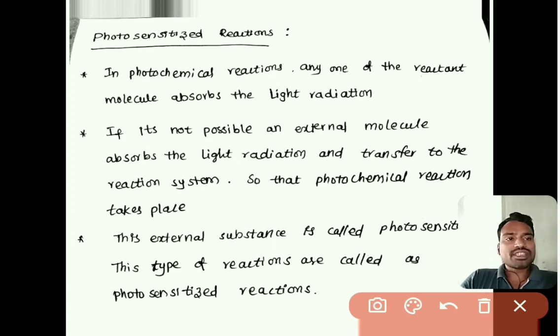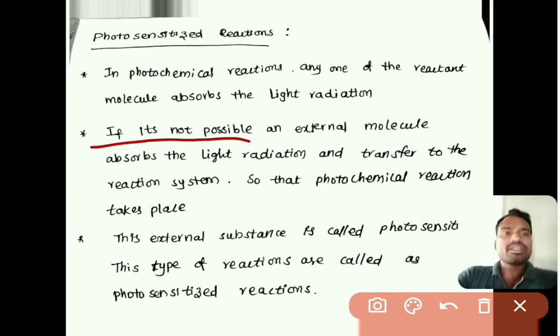In such cases, if the absorption of light radiation is not possible for the reactant molecules, some external molecule, which is not part of that chemical reaction, will absorb the energy. That external molecule absorbs the light energy and gives it to one of the reactant molecules, so that the reactant molecule is excited and the reaction takes place.